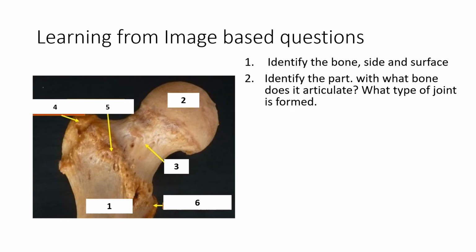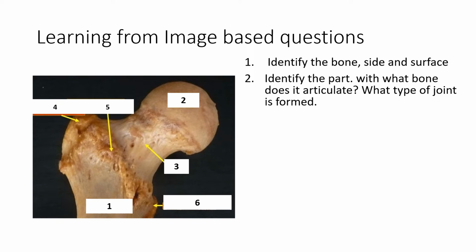The second part. I have already given a clue when I was discussing point 1. So this is the head of the femur, and with what bones will it be articulating, and what type of joint is formed? This is the head of the femur, which is directed medially, upwards and somewhat forwards, and it articulates with the acetabulum of the hip bone.